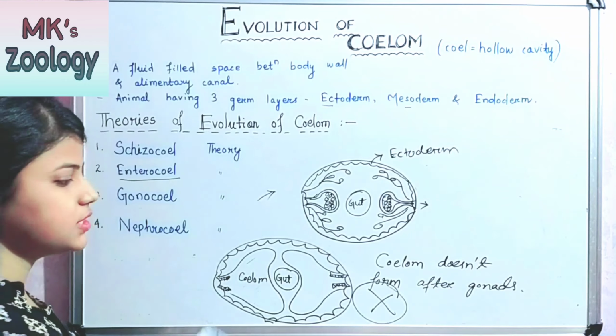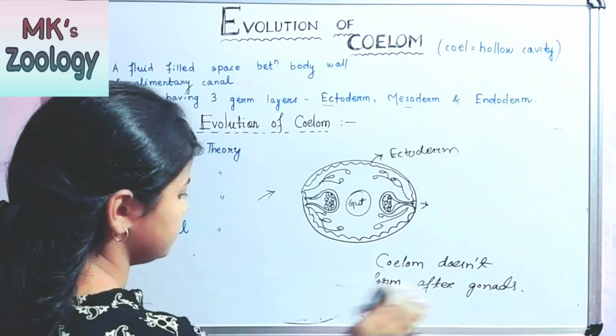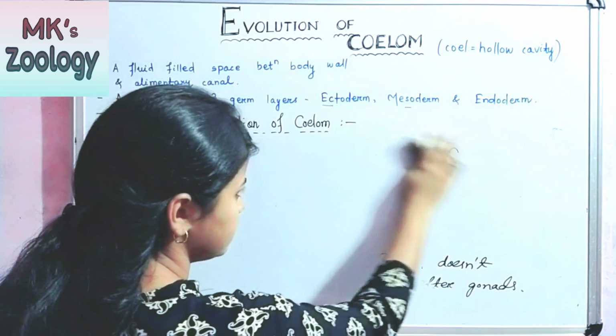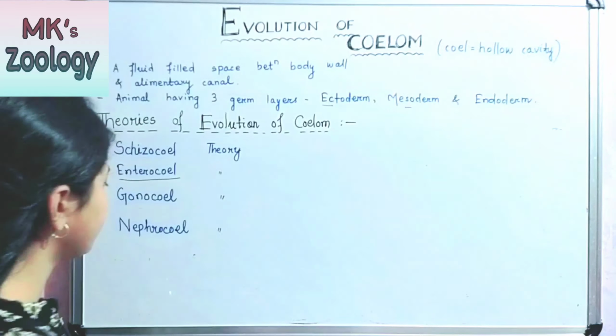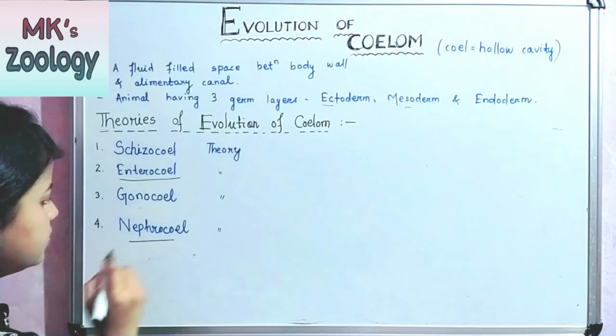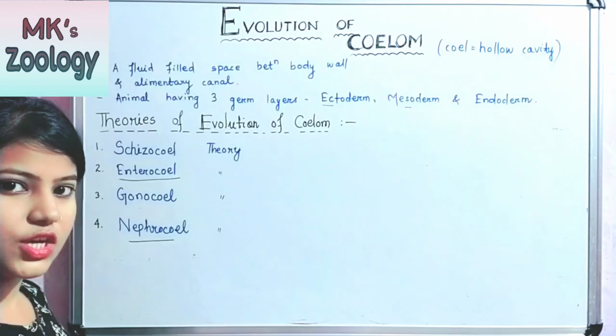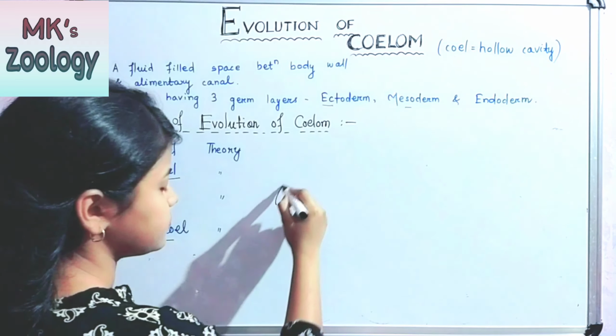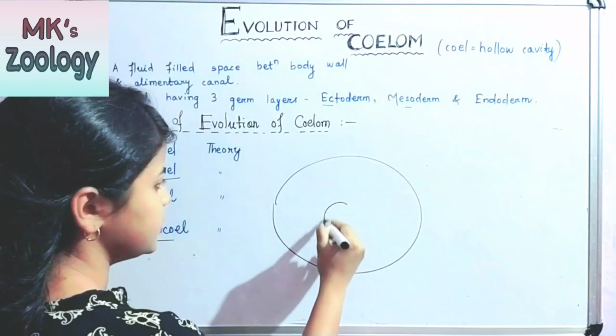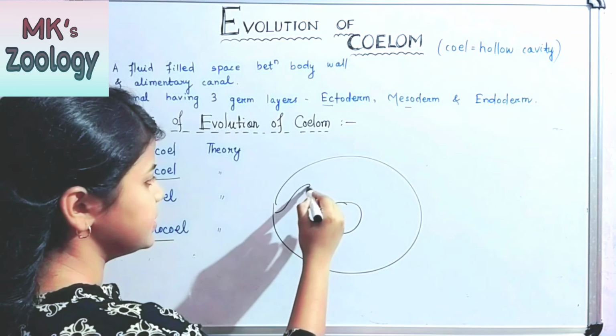So the next one is the nephrocoel theory. What happened in the nephrocoel theory? Same. Suppose this is your gut and these are nephridia.